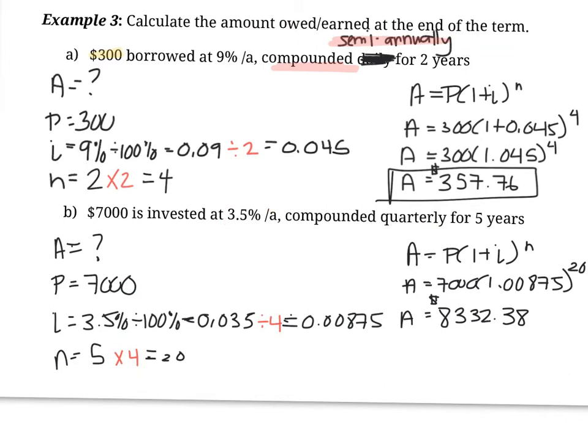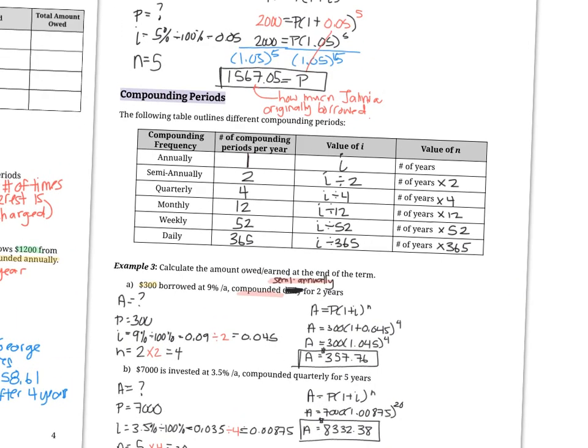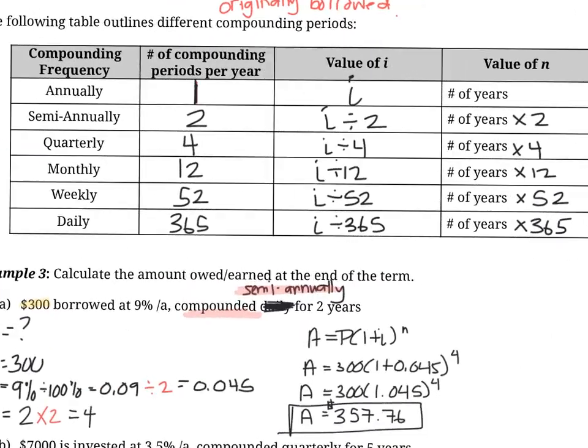So our final number that we've earned at the end of the 5 years should be larger. And it is. It's not absurdly larger, but it's larger. So this is our final answer. So if the compounding periods is really messing you up and you don't really understand what's going on, we're going to keep practicing it, but remember you can always just use this table.